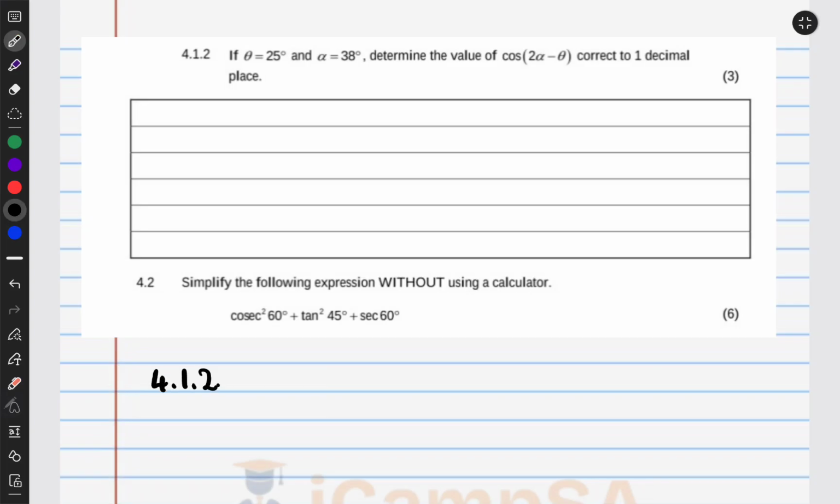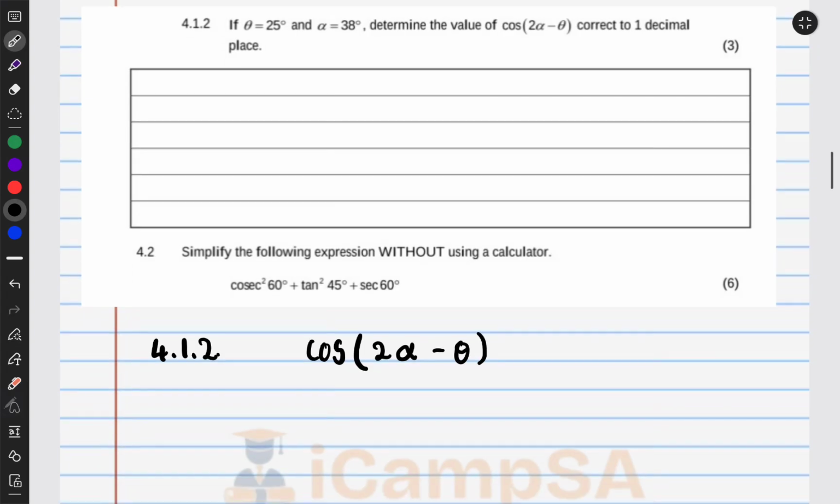So now let's go to 4.1.2. Theta is 25 degrees. We have to determine the value of cos of 2 alpha minus theta. This is equal to cos of 2 multiplied by alpha, which is 38 degrees, minus theta, which is 25 degrees.